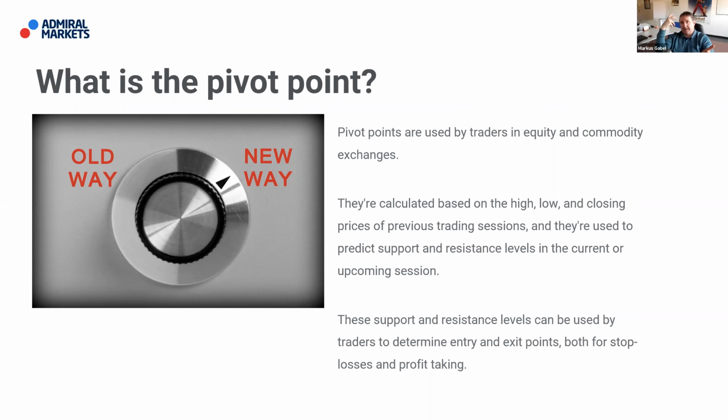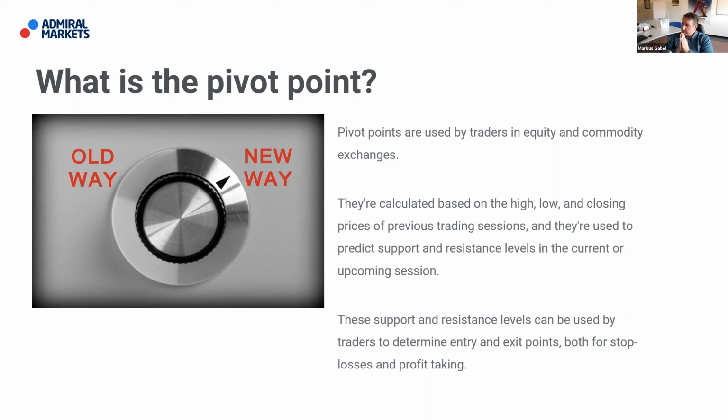And this is the sense, or the deeper knowledge, of the pivot points. And those support and resistance levels can be used by traders to determine entry and exit points, maybe both for stop losses and profit taking.